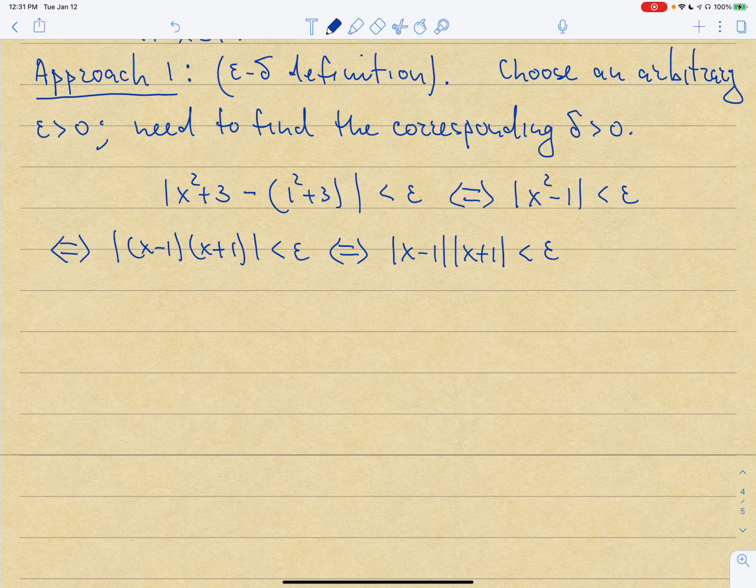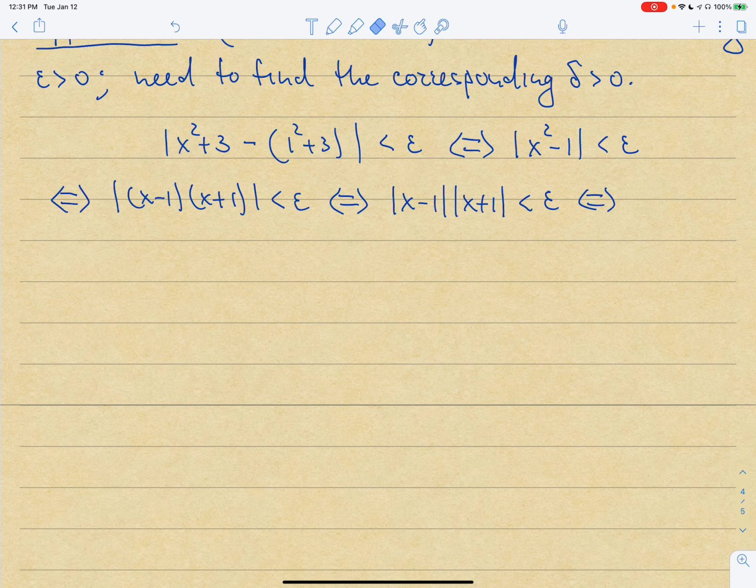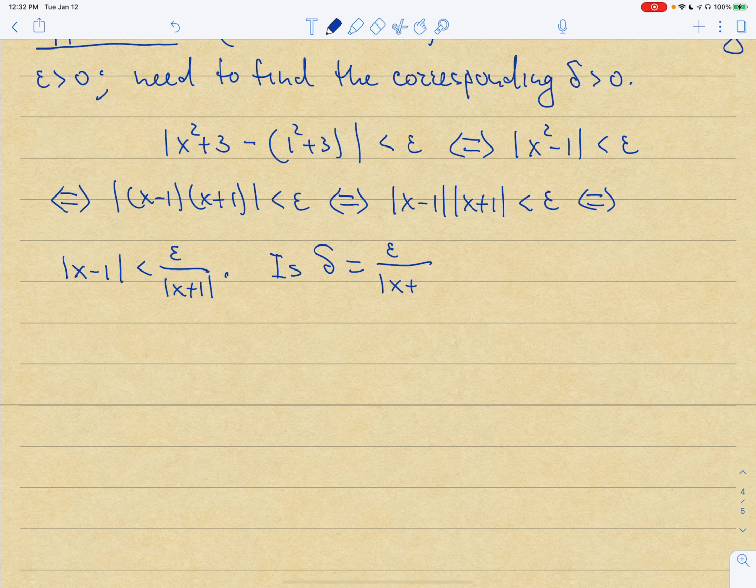And of course, this is easy to solve by dividing by x plus 1. So this will give me the absolute value of x minus 1 is less than epsilon over the absolute value of x plus 1. So it's tempting to then set delta to be epsilon over the absolute value of x plus 1.